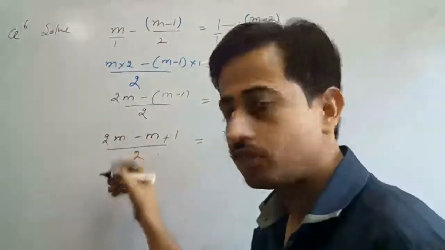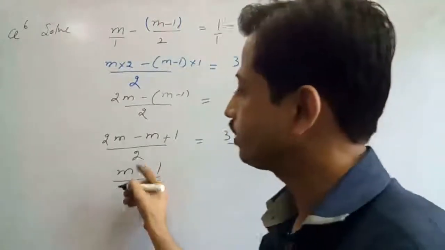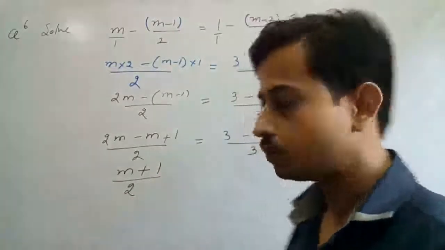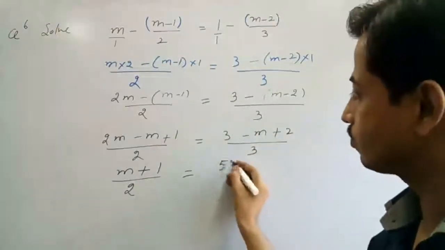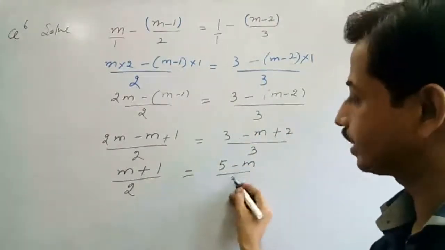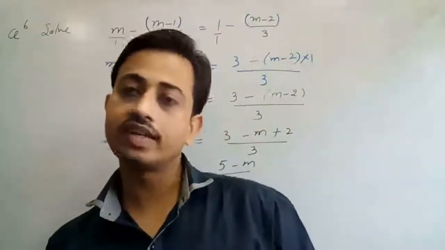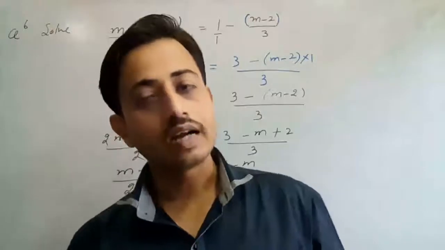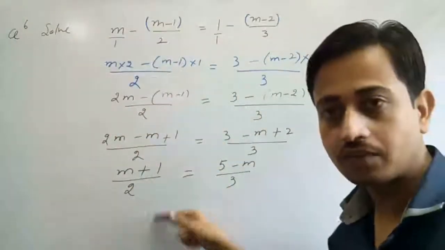Now solve it. 2m minus m, we get m plus 1 divided by 2. Same here. 3 plus 2, 5 minus m plus 3, because always keep in mind numbers add with numbers and variable terms add with variable terms. Now what we have to do?